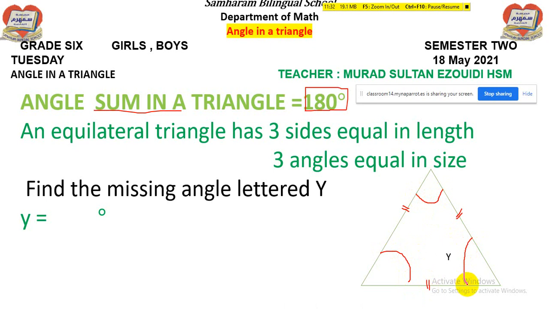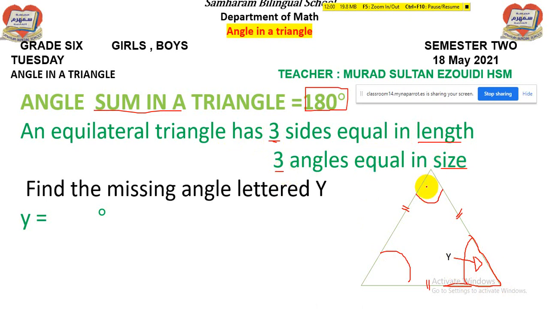This is the value of y, or the variable y, or the size of this angle. So as it is an equilateral triangle, it has 3 sides equal in length and also 3 angles equal in size.